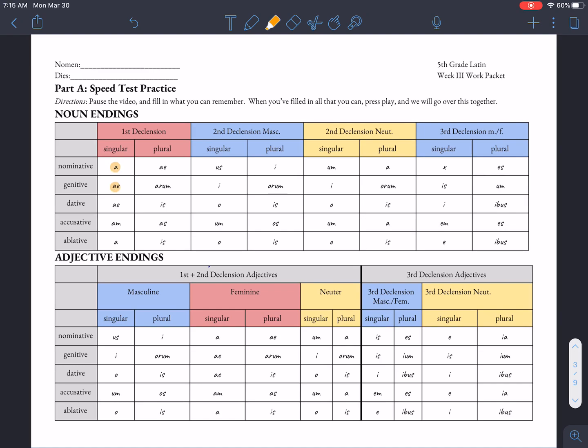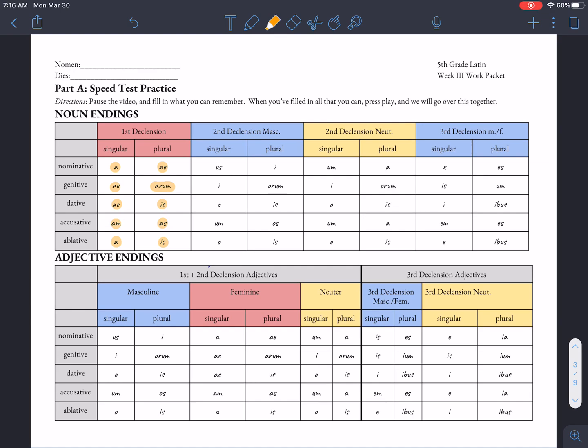A, AE, AM, A, AE, AARUM, IS, AS. Now the first declension's through.